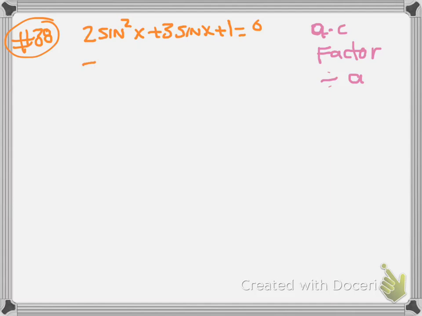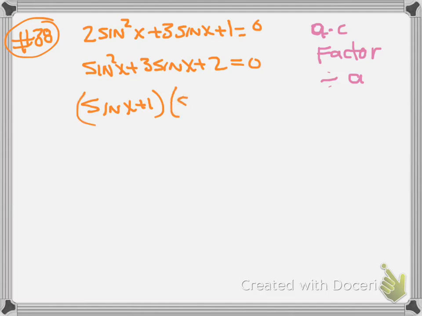Alright, so we'll do a times c. Sine squared of x plus 3 sine of x plus 2 equals 0. So again, it has to multiply to give you 2 and add to give you 3, which is 2 and 1. Sine of x plus 1 and sine of x plus 2 equals 0.